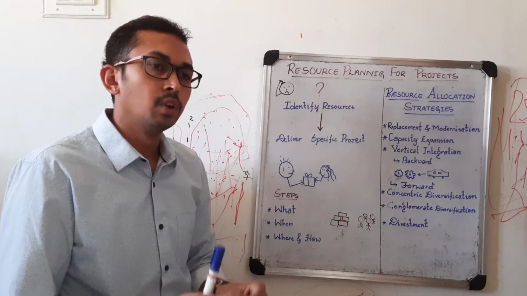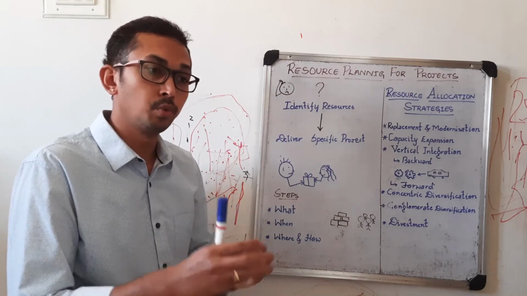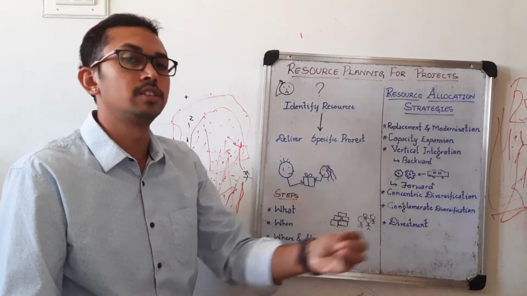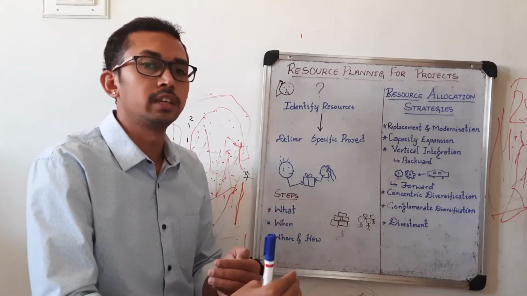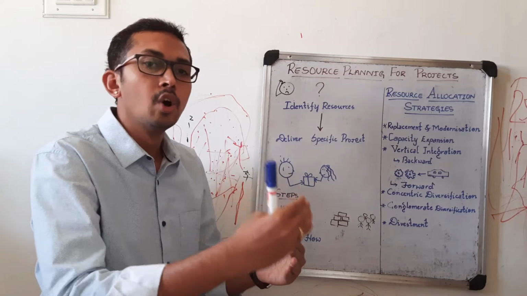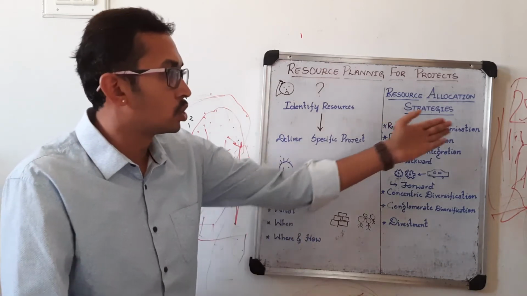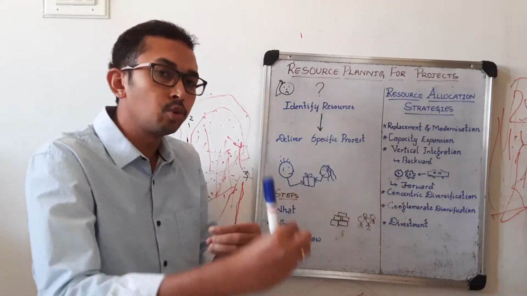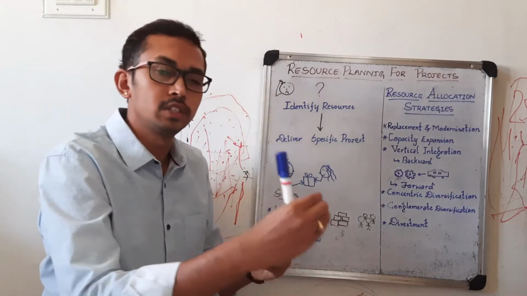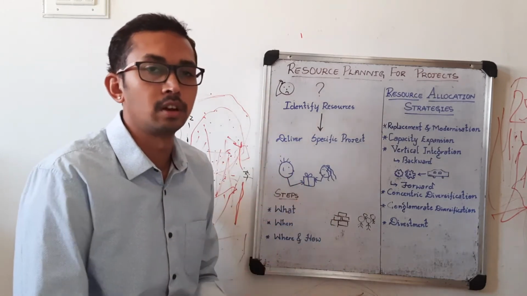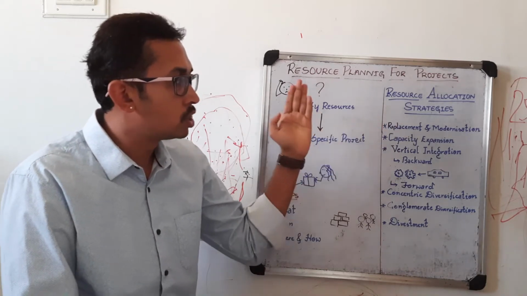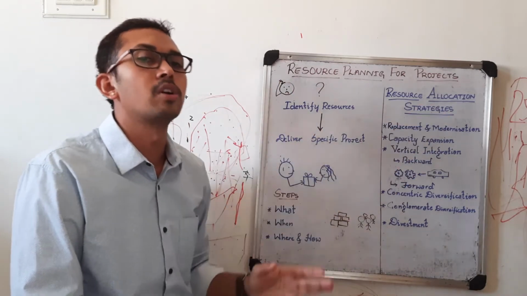So we have to allocate enough funds or resources to change for the technological change. You have to replace the old machines with new ones, which we call modernization. We have to keep engaging ourselves in studying new things and update ourselves for the new technology. That is what we call replacement and modernization.